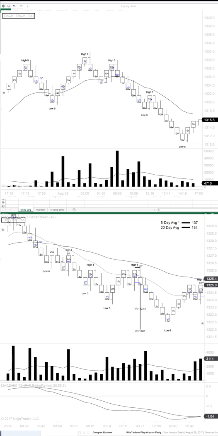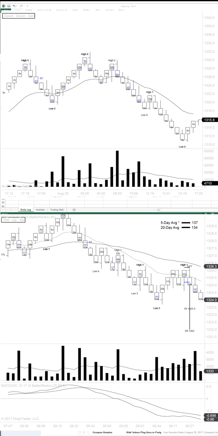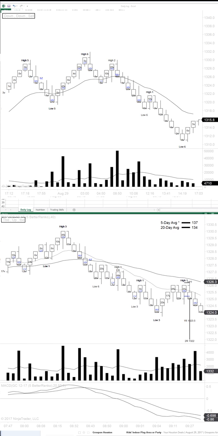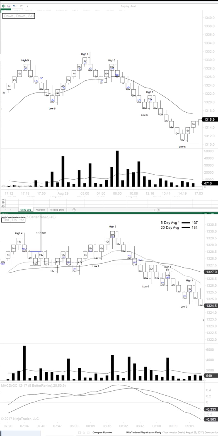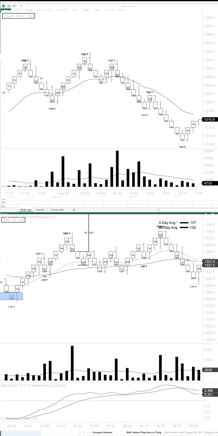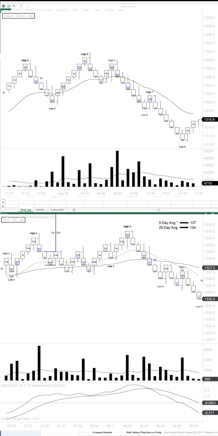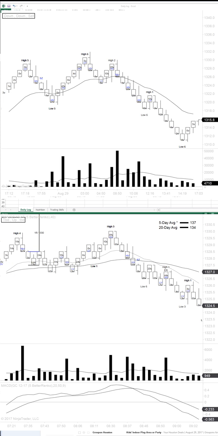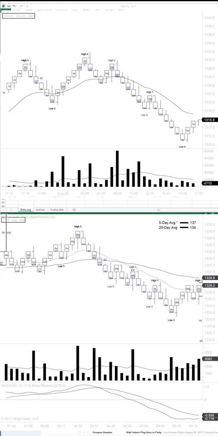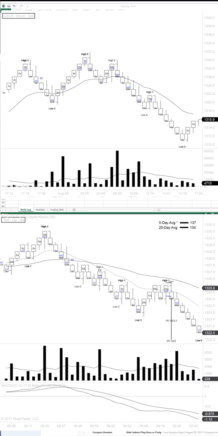What you see is a rally. Now it's going sideways, and over here it's in an uptrend still, but over here you get your rally. You make a lower high, lower low, lower high, lower low.